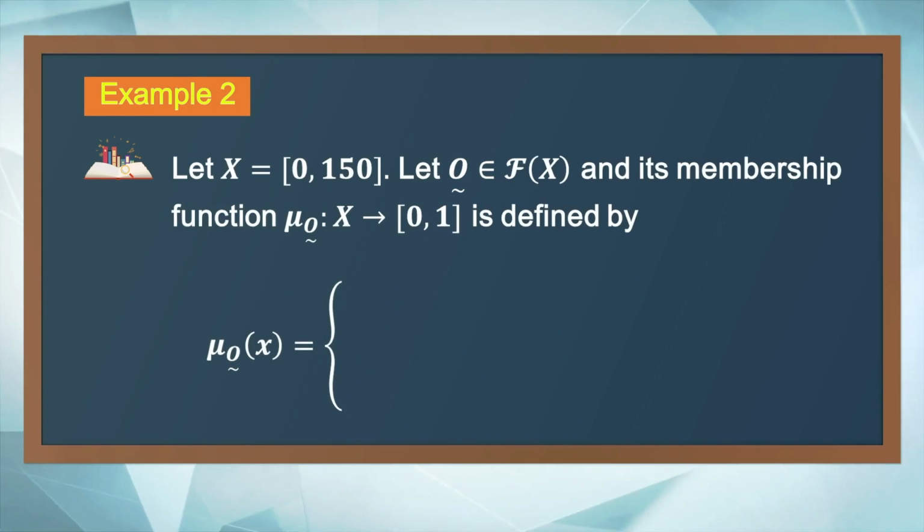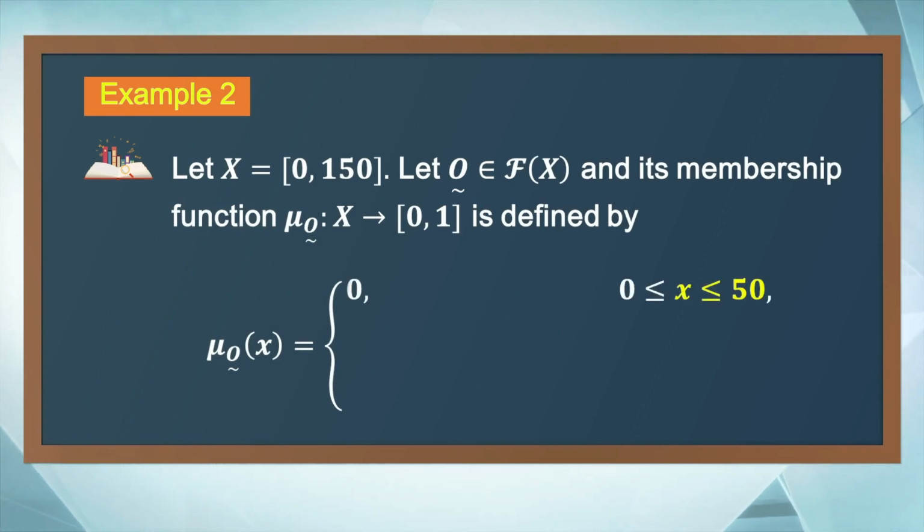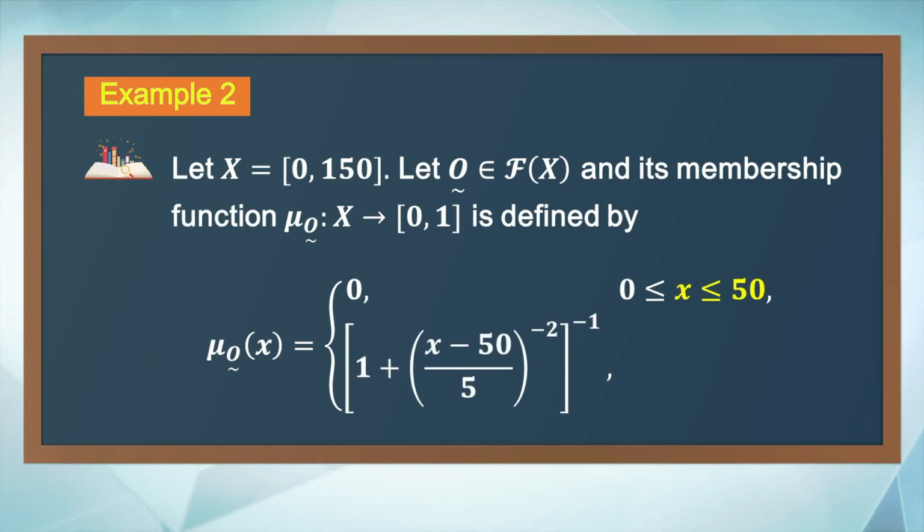The degree of membership of x in O equals 0 if x is greater than or equal to 0 and less than or equal to 50. And the degree of membership of x in O equals the reciprocal of the quantity 1 plus ((x minus 50) over 5) to the negative 2 if x is greater than 50.